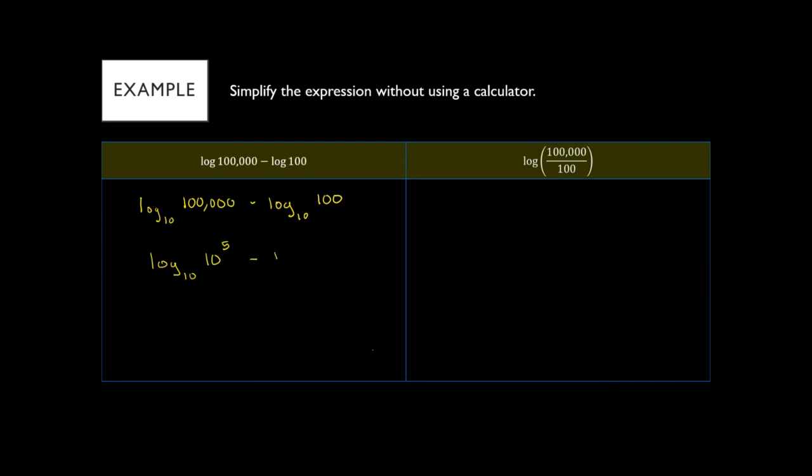And then 100 has 2 zeros, so that's 10 squared. So I can just rewrite these. And now I can use my property where the log base 10 of 10 cancels out. We're left with 5 minus 2, which gives us an answer of 3.